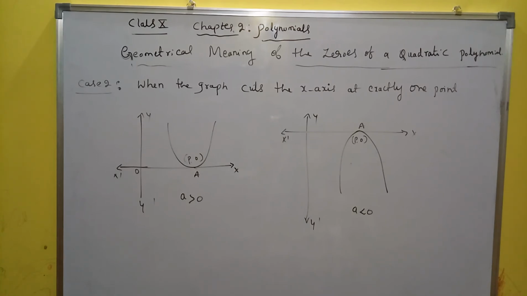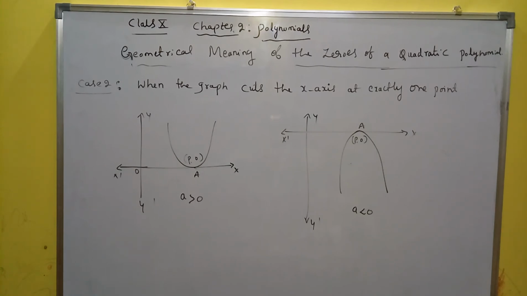In the second case, when the graph cuts the x-axis at exactly one point, the 2 points A and A dash coincide and become 1 point.